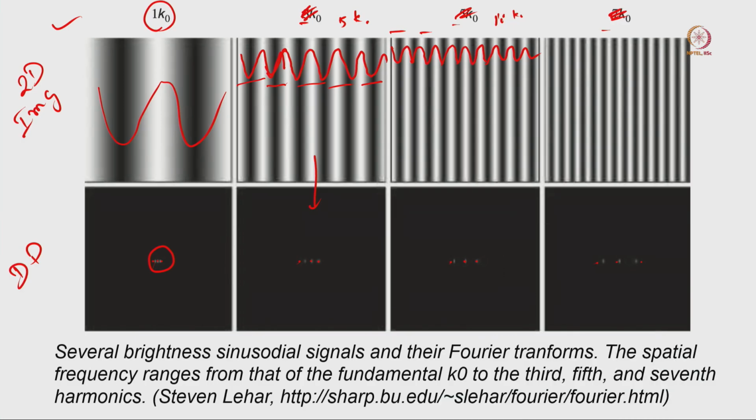This is how we can represent these things: if I have an image here, we can convert it to its diffraction pattern here, and if the frequency increases, you can see one bright spot at the center, and the rest of the spots you can find far away from the center.